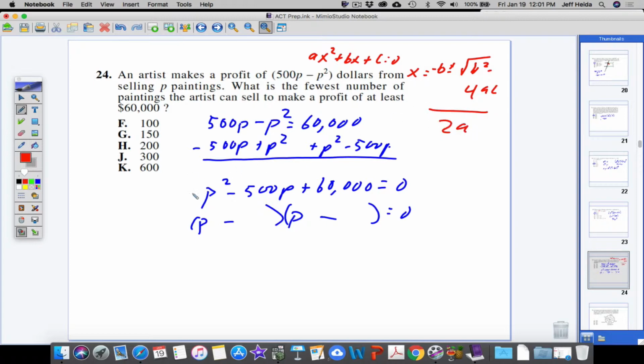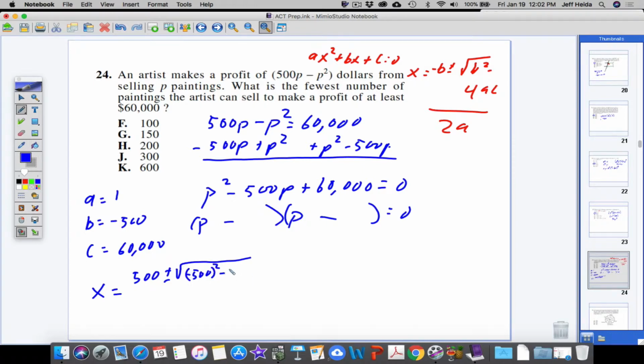So if you want to do that for this particular equation, a is equal to 1, b is equal to negative 500, c is equal to 60,000, and then you could say x is equal to negative b, so negative negative 500 is 500, plus or minus the square root of negative 500 squared minus 4 times 1 times 60,000, all that under the radical.